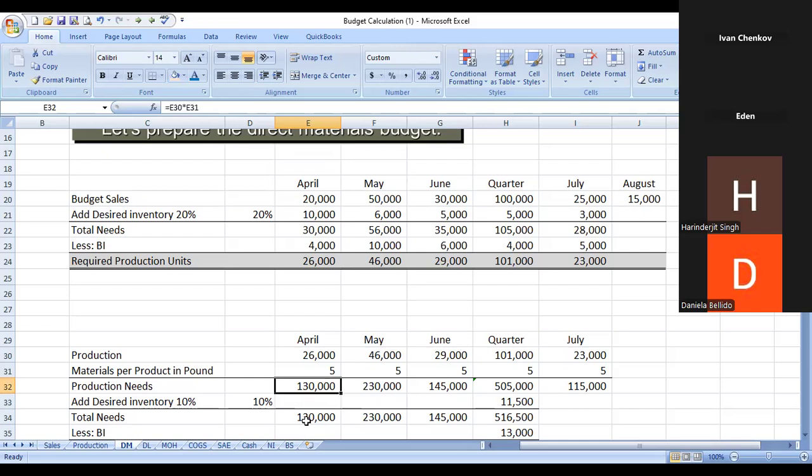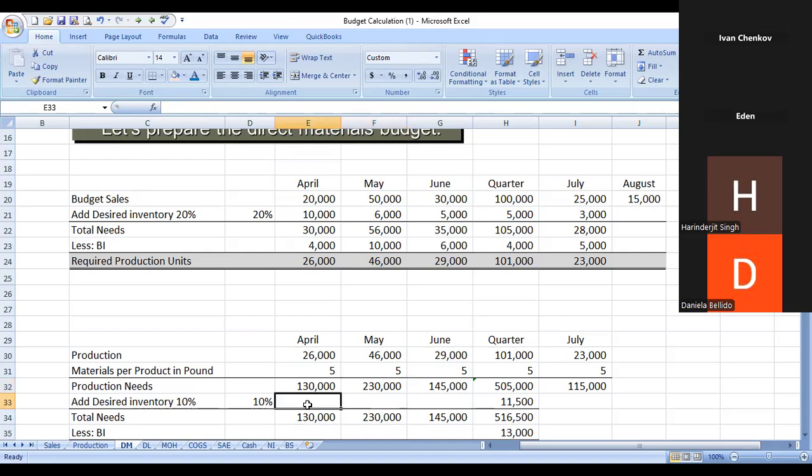So I have the materials for the production in April. Also, I need 10% of the next month. Next month, I need 230,000 materials, but I want to have 10% at the beginning of the month, or at the end of the previous month.